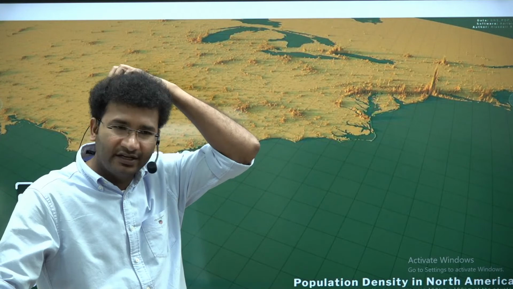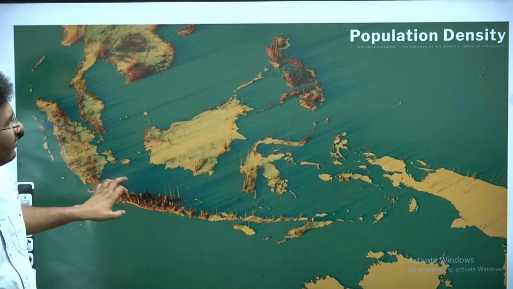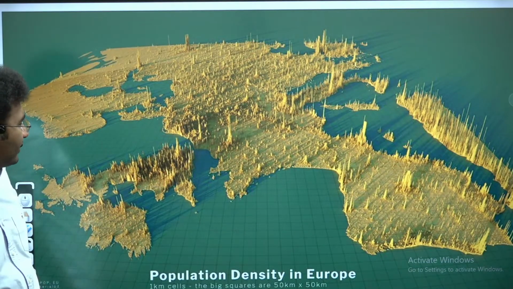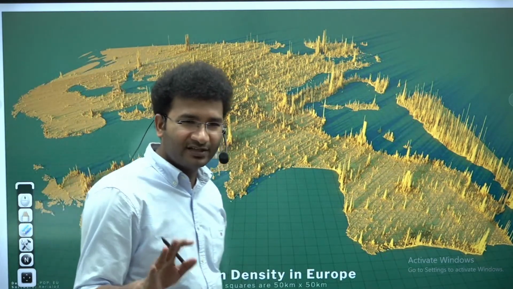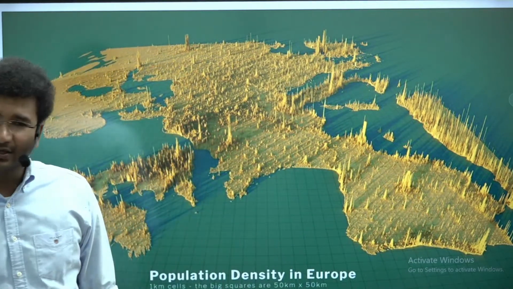Primate city means, if you look into the UK or Europe, the biggest city of Europe is London. Next to London, can you recall a city as big as London? No. Paris is just a tourist city. After London, which city is there? Look, Liverpool.